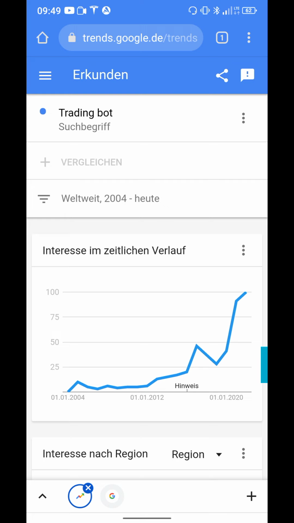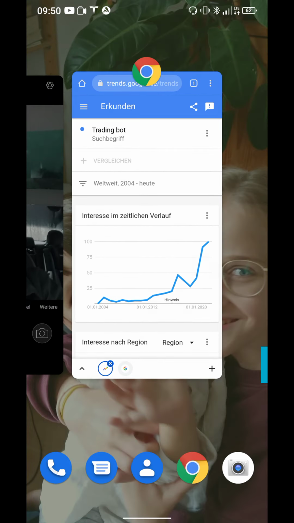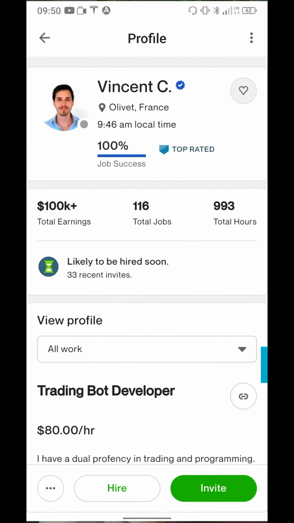Like here, if you look at the Google Trends chart, you see the interest in algorithmic trading bots is exploding over the last, say, 15, 16, 17 years, right? So there's significant interest of people searching for trading bots. And those people will, of course, hire Upwork freelancers to do it for them.